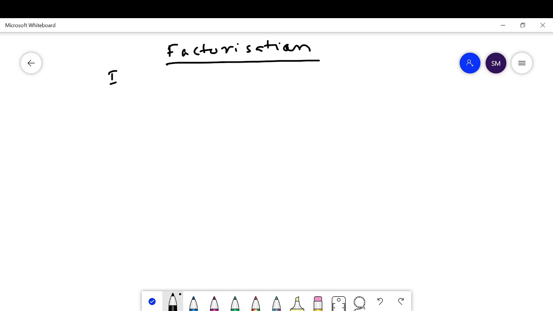How can we factorize a monomial? Suppose this is 3x square. 3x square can be factorized as 3 into x into x. 6xy can be factorized in the form 2 into 3 into x into y.